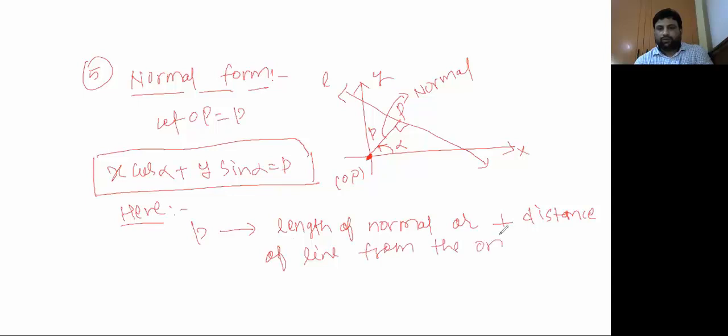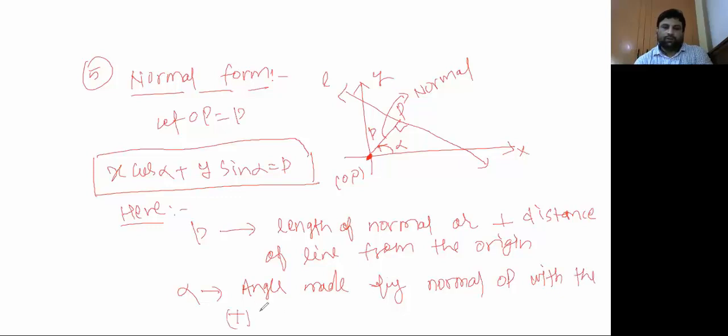Here this is OP, and alpha is the angle made by the normal OP with the positive direction of the x-axis.